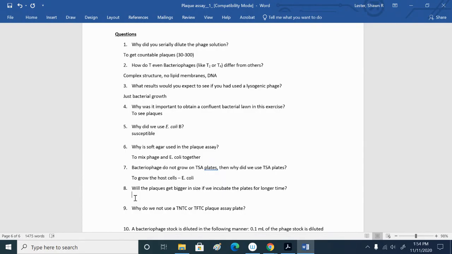Yes or no? No, they will not. And so why again will the plaques not continue to grow and spread? What kind of cells do they want? Because the bacteria, they want them in log phase. I'm not going to type all that, but we already know that the plaques stay small because they want young, healthy, metabolically active cells in log phase. That doesn't last very long under ideal conditions.